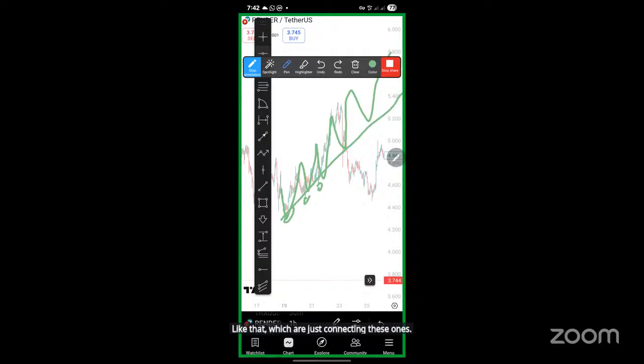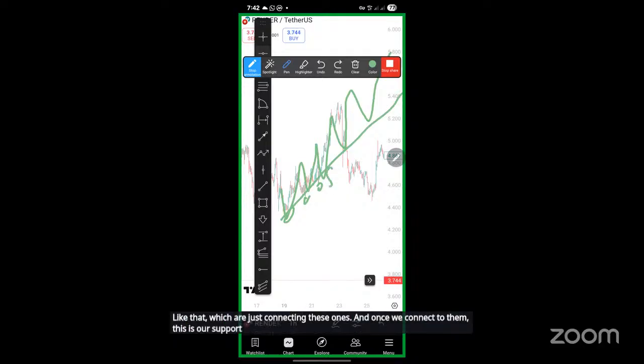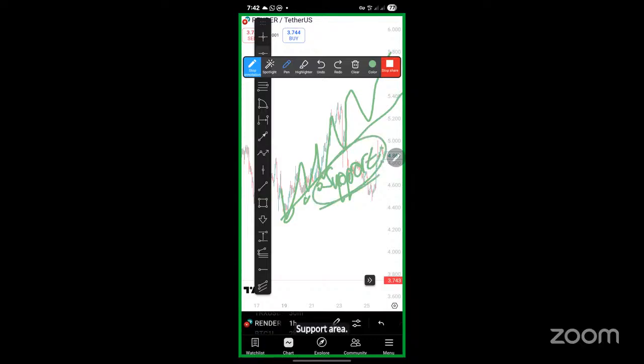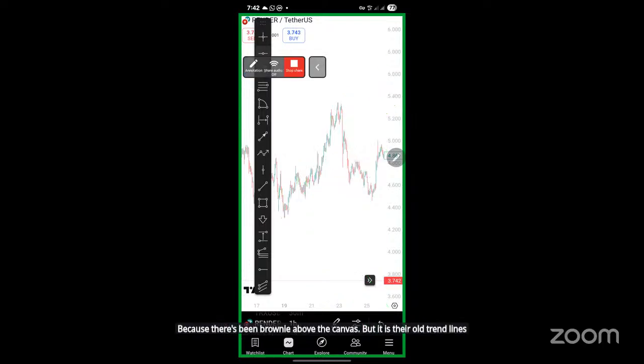And once we connect them, this is our support area. That's our support. If the market is going downwards like this, we just look for these high points. We draw it like this. And once we draw it like this, that one will be our resistance, because it has been drawn above the candles. But they are all trend lines. Whether it is drawn up, whether it is drawn down, it is a trend line.